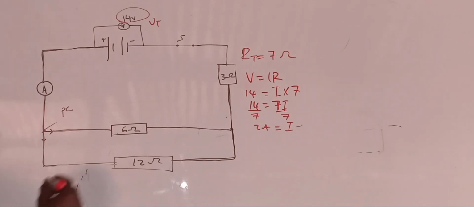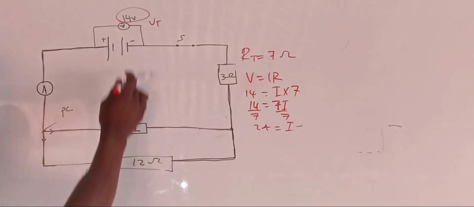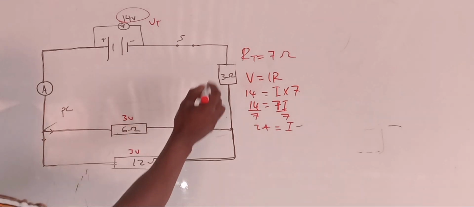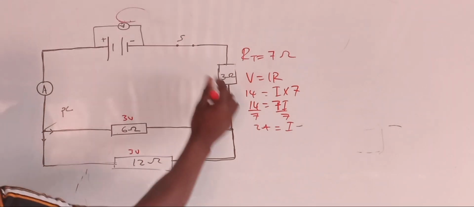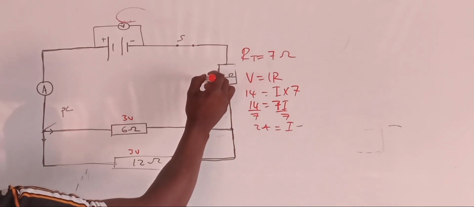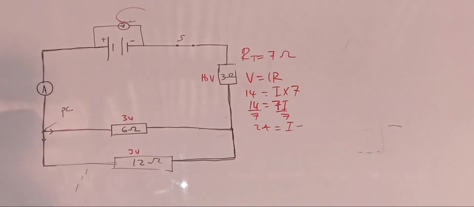Then let me say maybe we are out of this. Let me say here we have 3 volts, and here we have 3 volts. Then here we have, let me say, 16 volts. Then they want us to calculate V total. Now for us to calculate V total, VT equals Vp plus Vs, right?